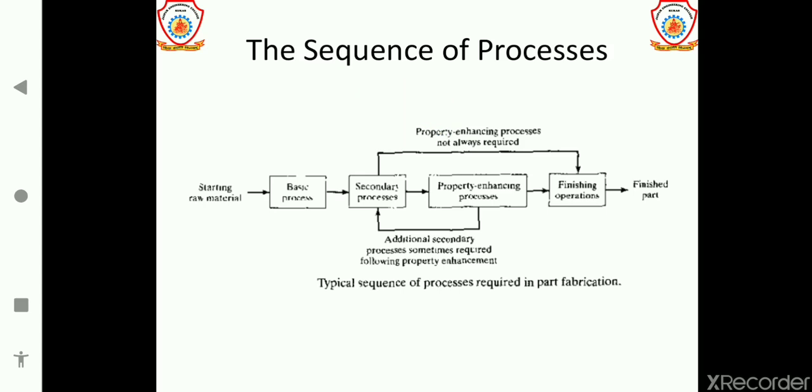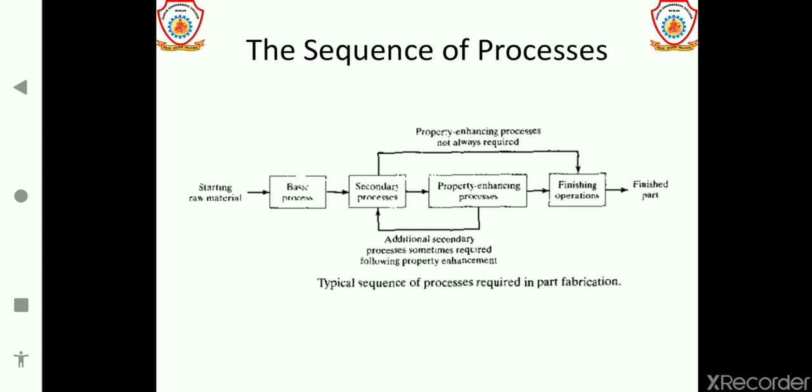to get the final geometry, and it is not necessary that all basic processes have a secondary process. After the secondary process, the third one is the property enhancing process. Heat treatment is an example of a property enhancing process, in which we enhance the mechanical property of the component.